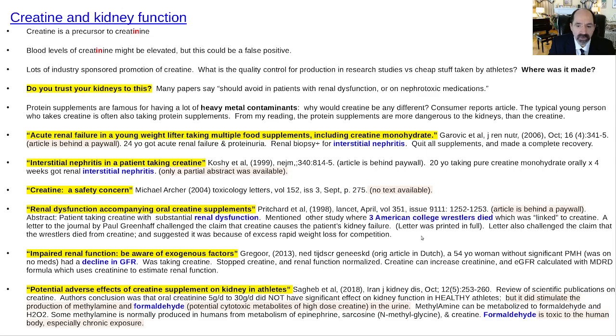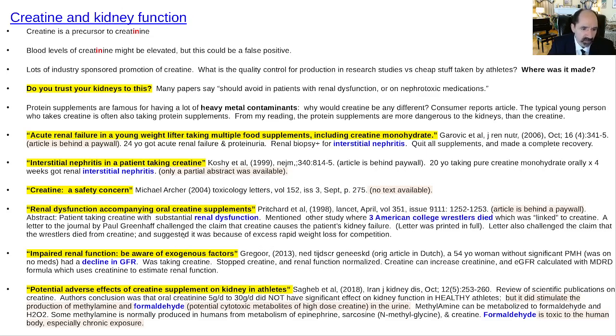But one of the things you'll notice here is the letter criticizing the article is printed in full, but the article itself, you're not allowed to read. So what that does is favor the positive information on creatine over the negative information. That's shaping the mind of the reader, because they can only read the positive stuff. They can't read the negative stuff.